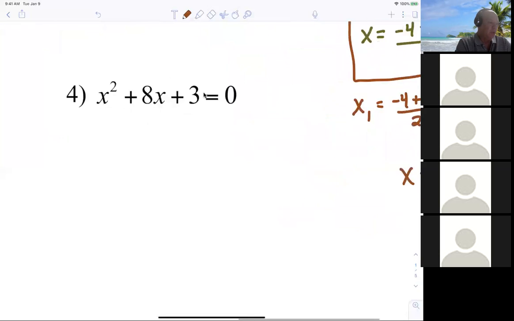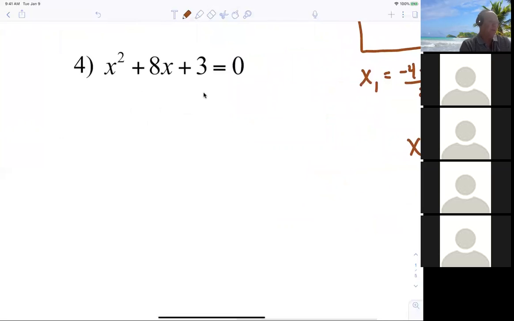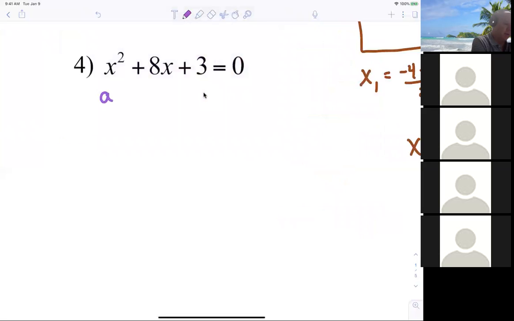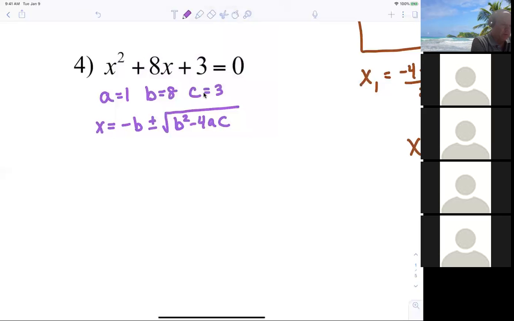Okay, so let's check out number 4 now. For question number 4, let's start out by saying A equals 1, B equals 8, and C equals 3. So now we're going to write X equals negative B plus or minus the square root of B squared minus 4AC all over 2A.